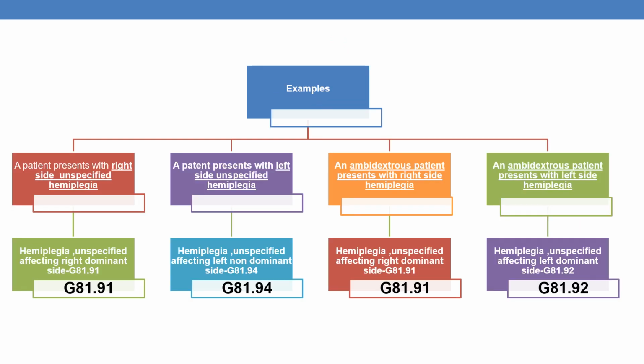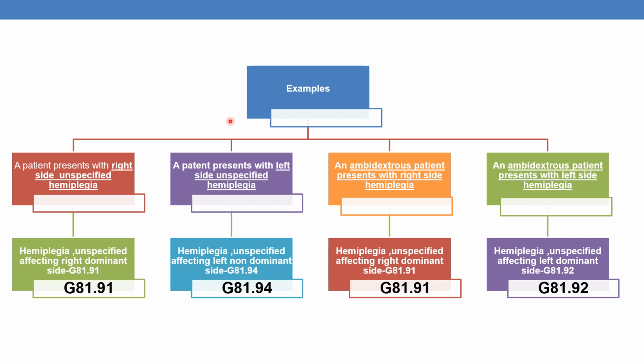Let us see various scenarios here. A patient presents with right side unspecified hemiplegia, and it is not mentioned whether dominant or non-dominant, and it is also not mentioned whether the patient is right-handed or left-handed. Whenever the right side is affected, by default you need to code dominant side. So the appropriate code here is hemiplegia unspecified affecting right dominant side, G81.91.